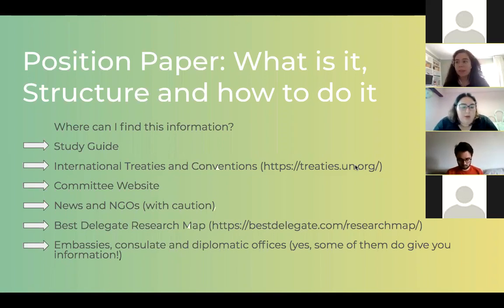What I always tell delegates or my friends when they are part of MUN, and what I do when I'm a delegate at MUN, is that I search for news in media websites that are recurrent as members of the press of a conference.